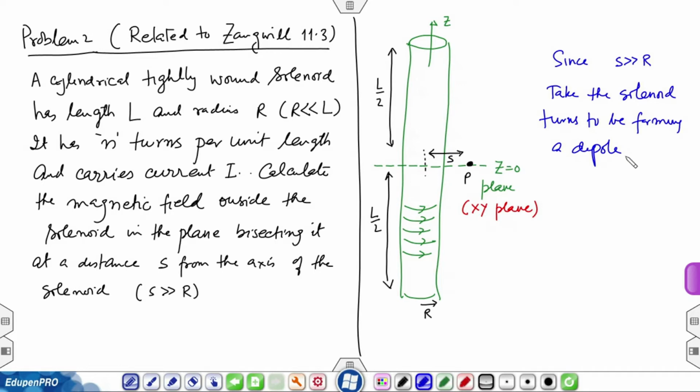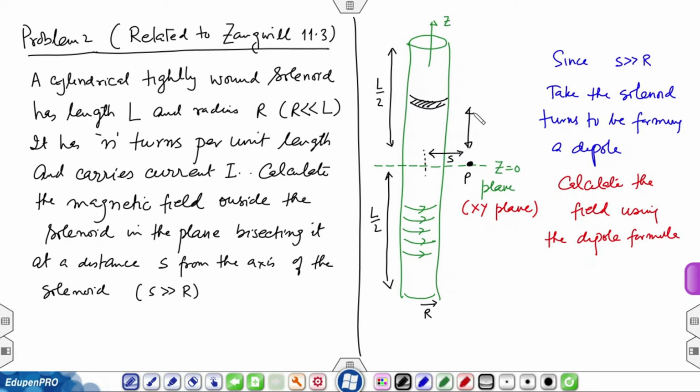And then what I will do is calculate the field using the dipole formula and then integrate it. So, let us see what I plan to do. I am going to take at height z a section and treat this as a dipole.